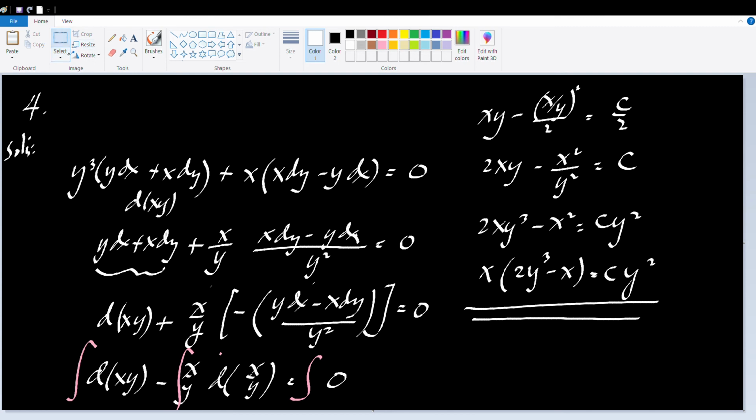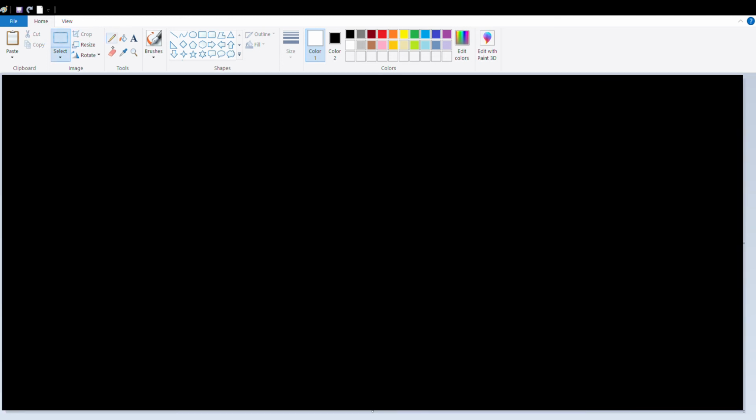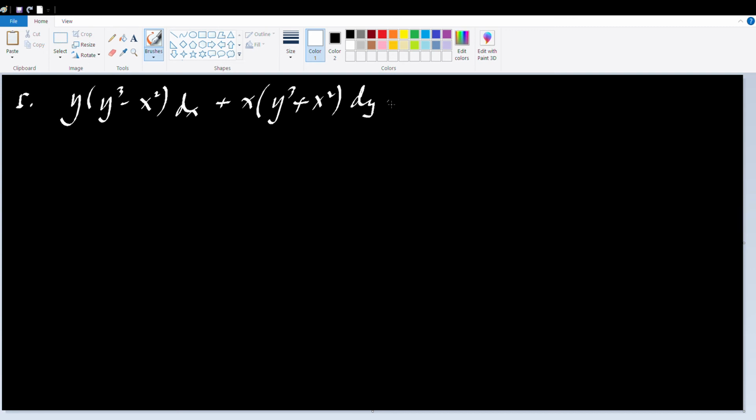Let me make it x squared dx plus xy cubed plus x squared dy equal to 0. Okay, so this is similar to the last example, but instead of x, I changed it to x squared. Let us see what will happen.